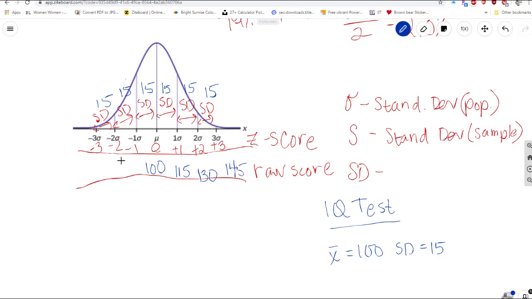Now in the opposite direction, the same thing is happening. Basically, we're going to start subtracting because we're going in the opposite direction. So here is 100. What is the corresponding raw score for 1 standard deviation below the mean?